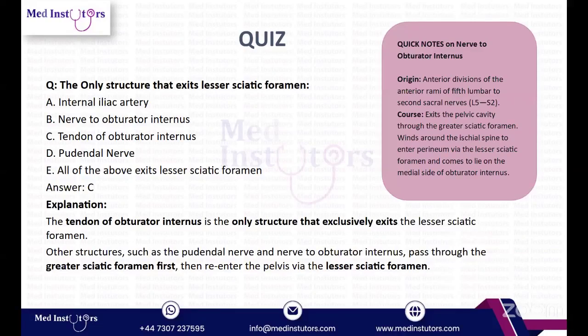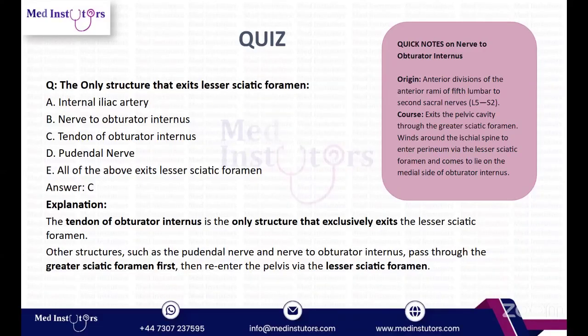Internal iliac artery is not a content of the lesser sciatic foramen, so it is completely ruled out. Then we have the nerve to obturator internus and the pudendal nerve. Yes, both of them are contents of the lesser sciatic foramen. But these nerves pass through the greater sciatic foramen, yet they don't classically leave the pelvis. They pass through the lesser sciatic foramen, but re-enter the pelvic area.